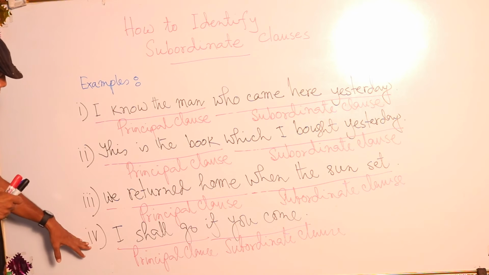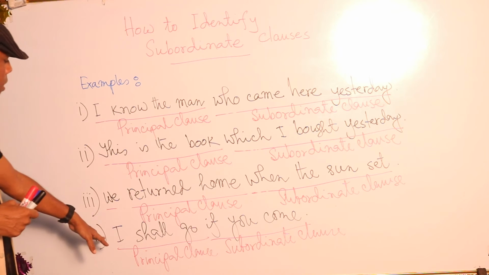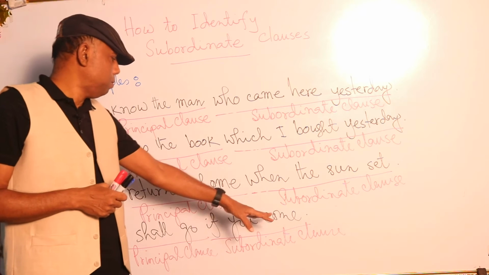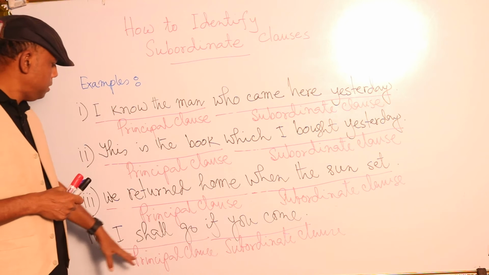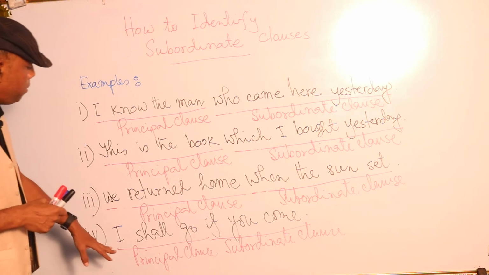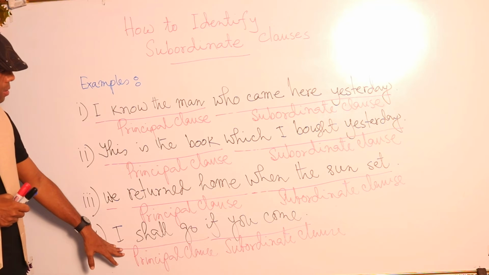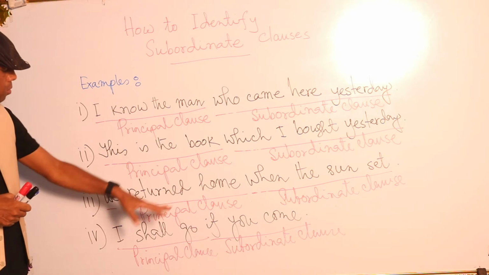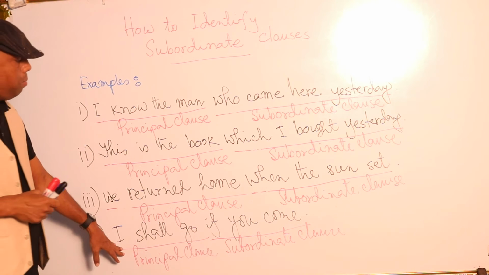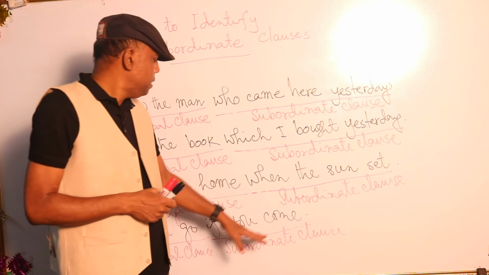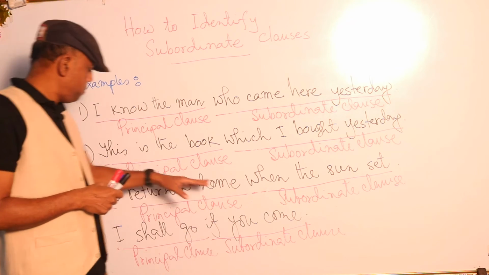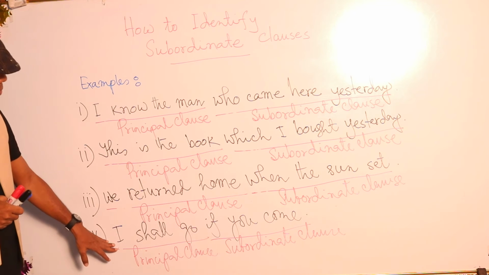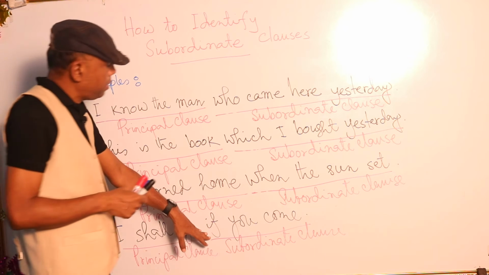And example number 4, I shall go if you come. Here I shall go is a principal clause, because this clause does not depend on any other clause to express its meaning, but if you come, it is a subordinate clause because this clause depends upon this principal clause to express its meaning.